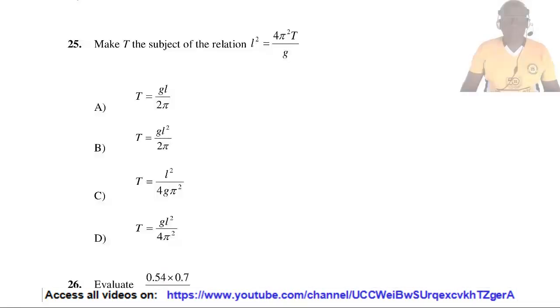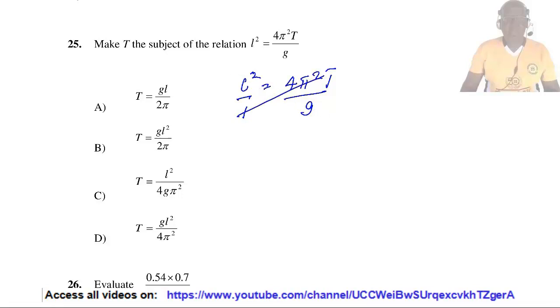Question 25. Make T the subject of the relation L squared equals 4 pi squared T over J. That is L squared equals 4 pi squared T all over J. Now we shall cross multiply. That is, we shall multiply 4 pi squared T by 1 and equate to J multiplied by L squared.